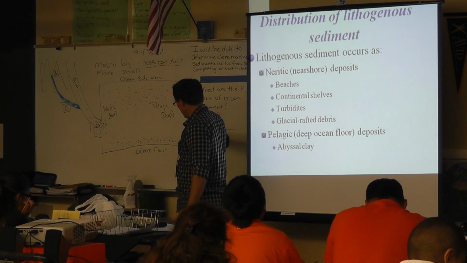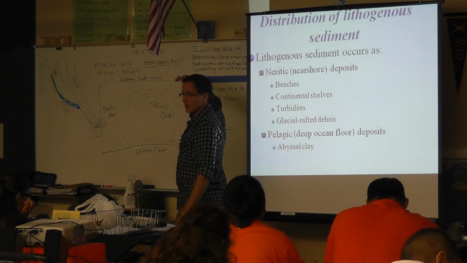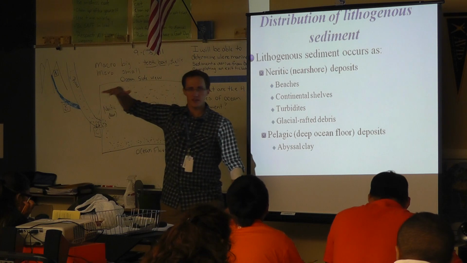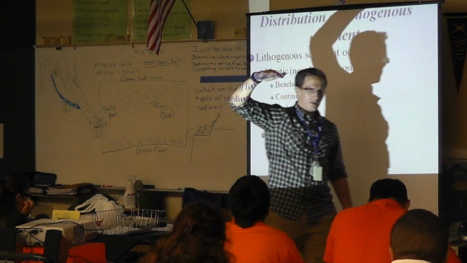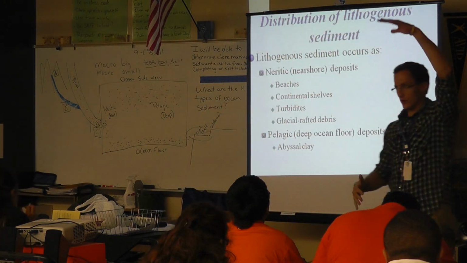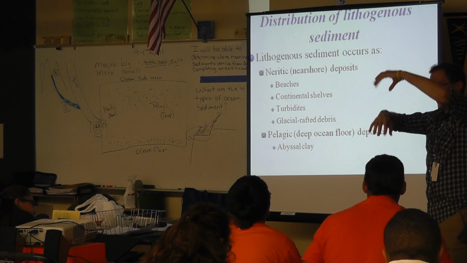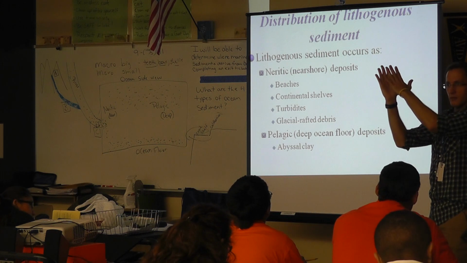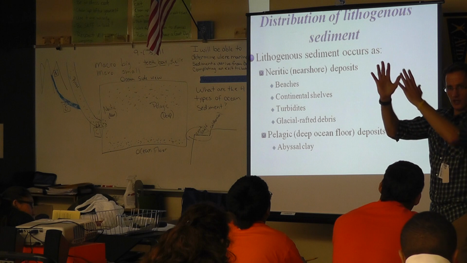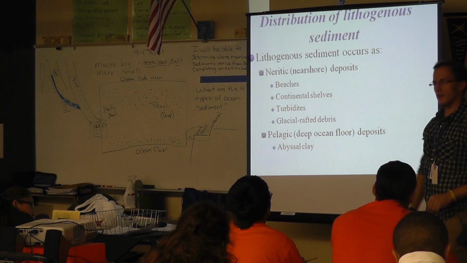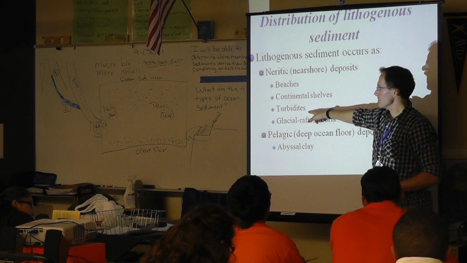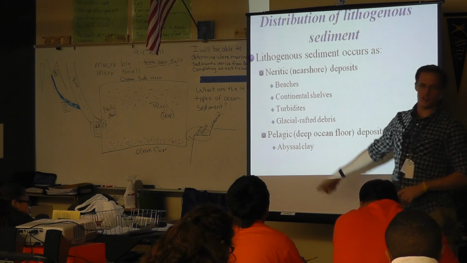So all this sediment builds up, builds up, builds up. What happens on the mountains is all that snow builds up. You guys have seen the mountains with all the snow. It keeps snowing down, keeps snowing down. What happens to the side of the mountain? What do you get after a while? You get avalanches. That's what a turbidite is. It's an underwater avalanche.